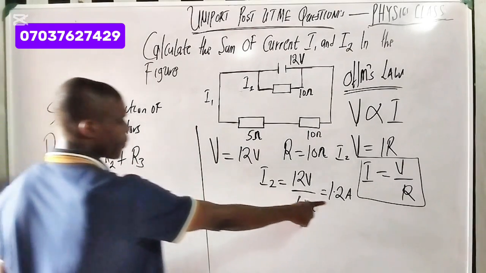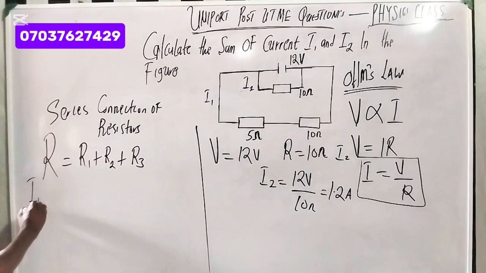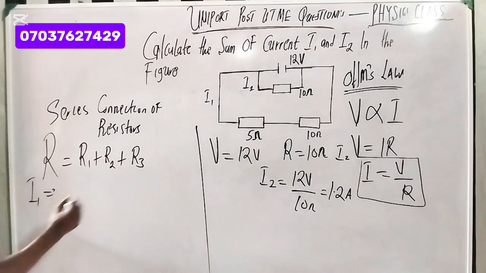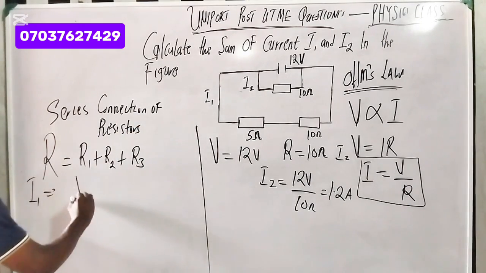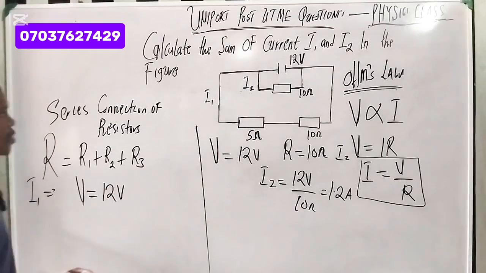Remember, my I2 is 1.2. So now, let me do my I1. Remember, my voltage here is the same thing, 12 volts. How do I get my resistor now?